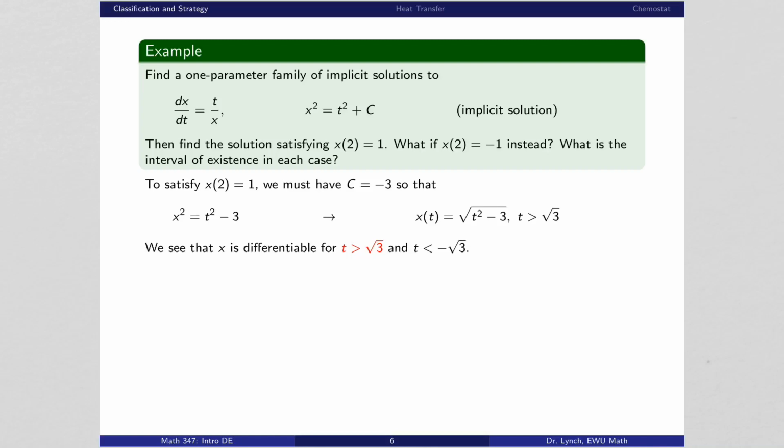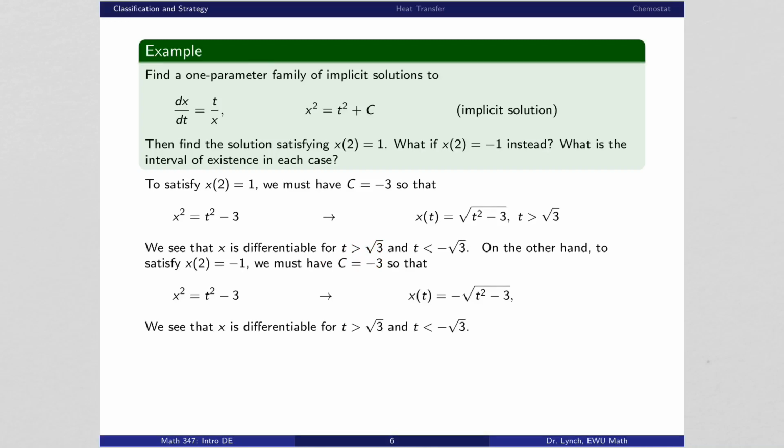Okay, similarly, if we want to choose x of 2 equal to -1, we can solve quickly for the family member from our implicit family of solutions. Again, it so happens that we get c equal to -3, but in this case, if we want x to be a negative value, we need to choose the negative branch of the square root.